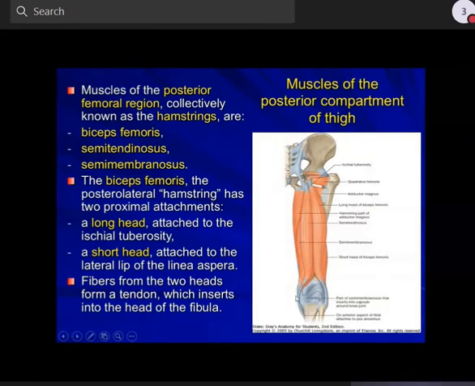Flexion of the knee joint is genuflexion. So as you can see, all three hamstrings simultaneously may extend the hip and flex the knee, genuflexion.